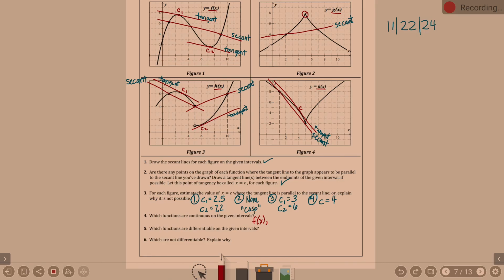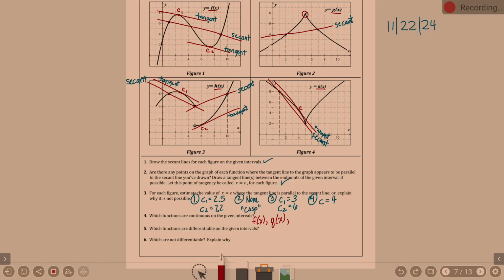Graph 2. Is it continuous? I'm not asking about differentiable yet. I'm asking about continuous. Continuous is basically, can I draw it in one fell swoop without picking up my pencil? So yes, G is continuous.